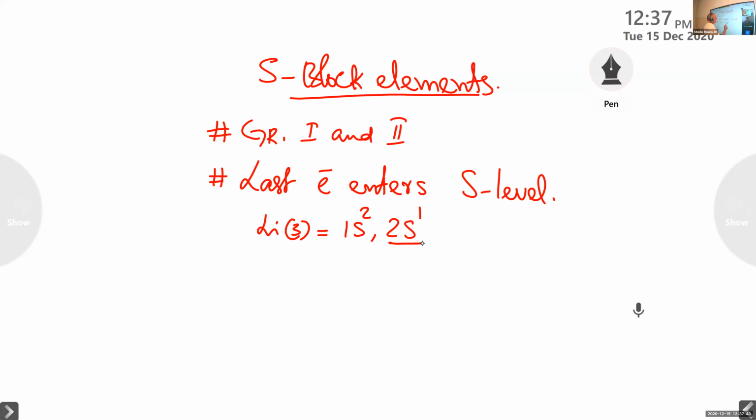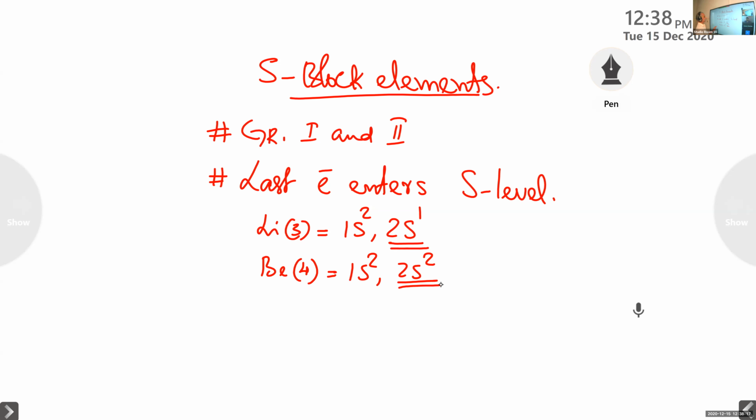See here, the last electron enters the s level. Similarly, you take a group 2 element, for example beryllium, atomic number 4. Write the electronic configuration. That is 1s2, then 2s2. See, here also the last electron enters the s level.